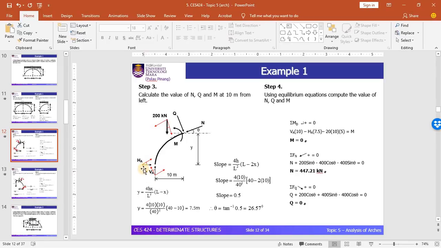Simplifying this, you can see that the radial shear force at this point is equal to 0.